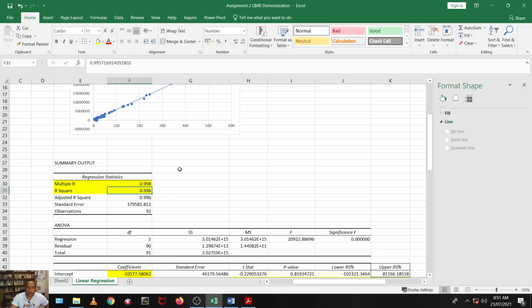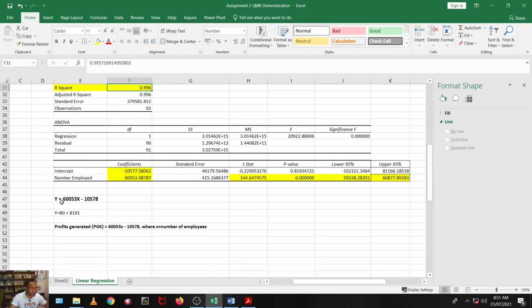So 99.6% of the profits generated can be predicted by the number of full-time staff employed according to the equation here that we've calculated. Okay? Where profits generated is equal to 60,053 x minus 10,578, where x is the number of employees. And so that will be an explanation of the coefficient of determination.